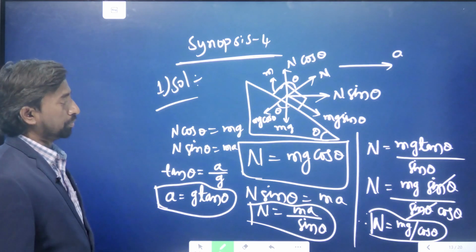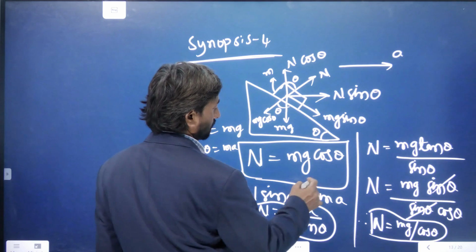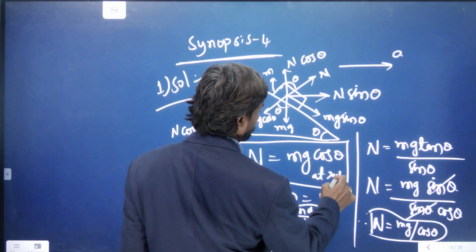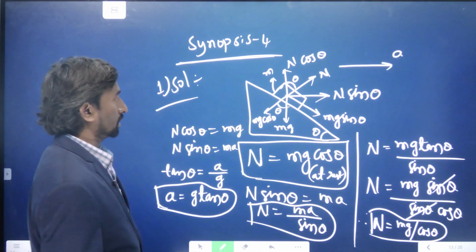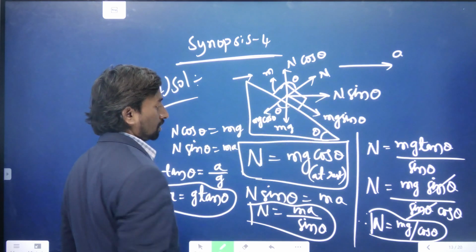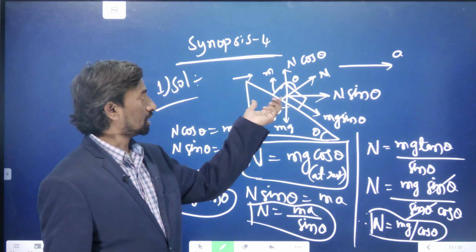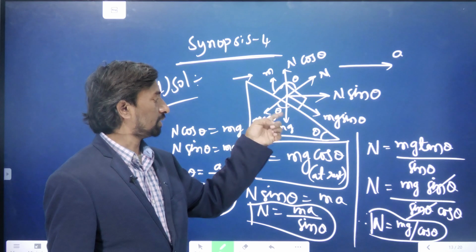So whenever the body is at rest, N is equal to mg cos theta. If the body is not moving. Once the body has started moving, this means this wedge is moving like this, then the normal reaction will be applied so the block does not slip from this wedge.